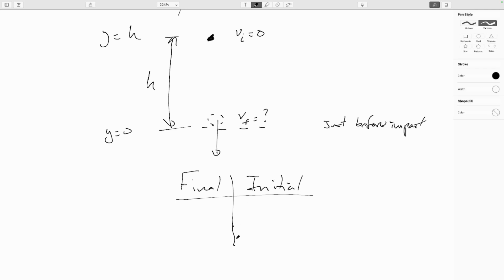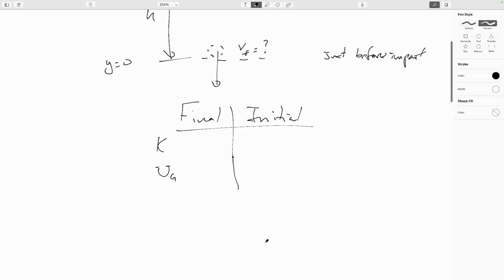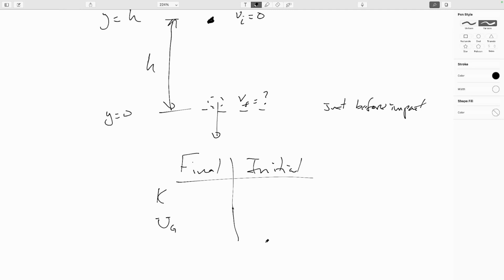And you list all the kinds of energy you can think of, which in this case is going to be kinetic and gravitational potential energy. Initially the object was dropped from rest, so its kinetic energy is 0.